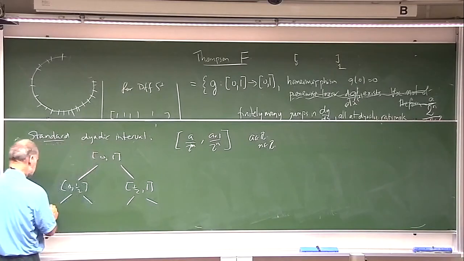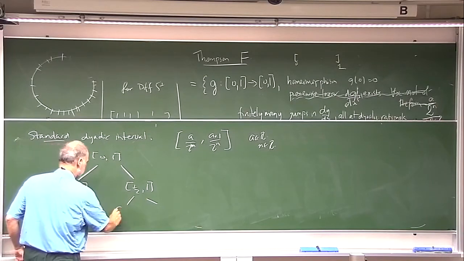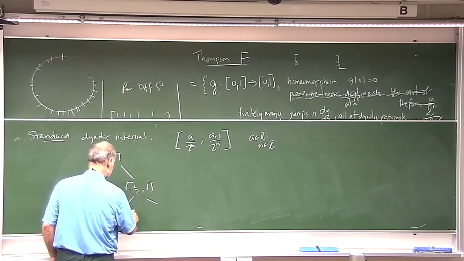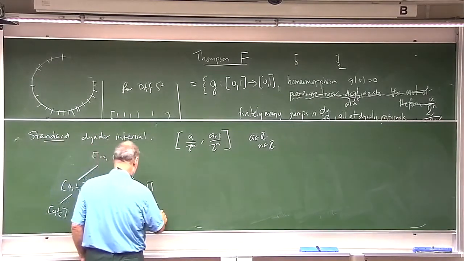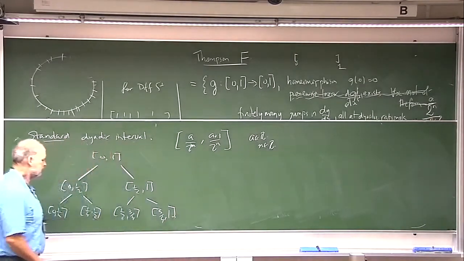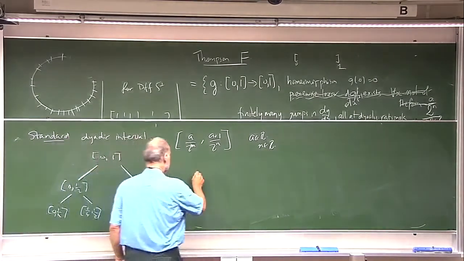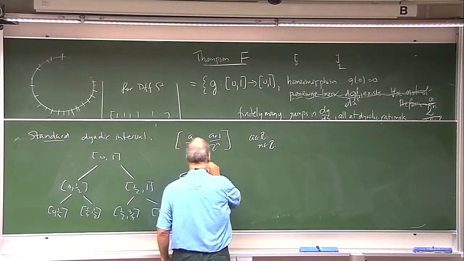You divide these, you get [0,1/4], and you get [1/4,1/2], and you get [1/2,3/4], and you get [3/4,1], and so on. So we see that the set of all dyadic intervals has the structure of this tree.